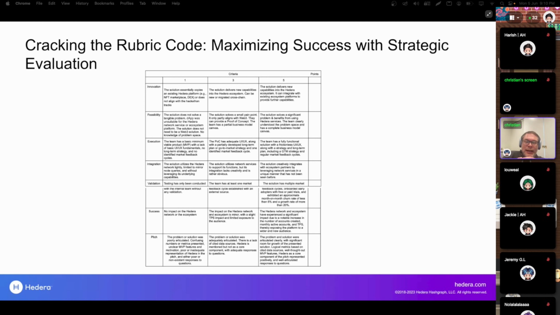So you want to go ahead and do the same. If you only have 50% of the boxes checked, then the maximum score you're going to be able to get is 50% of whatever the maximum is, and that will greatly diminish your chances of winning the hackathon.